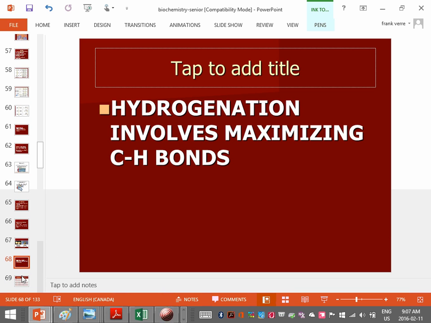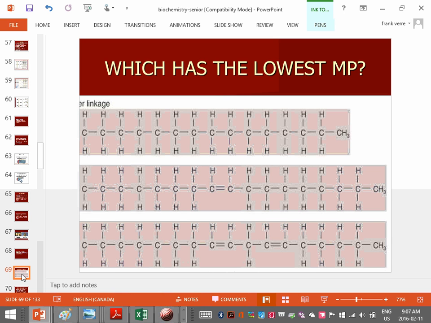Then we asked an interesting question, because there's a correlation between saturated fat and melting point, and unsaturated fat and melting point. Because the saturated fat is a solid at room temperature, and unsaturated fat is a liquid at room temperature.